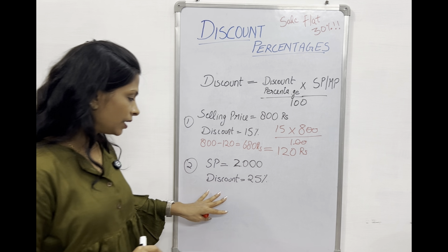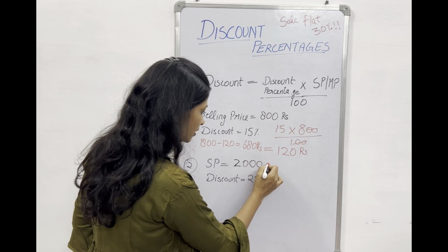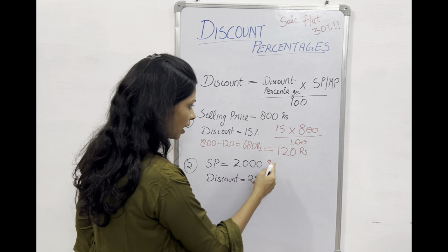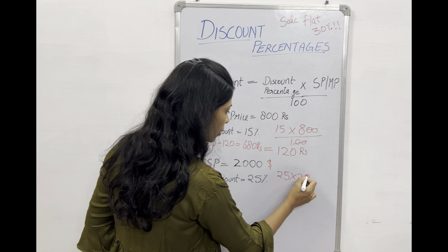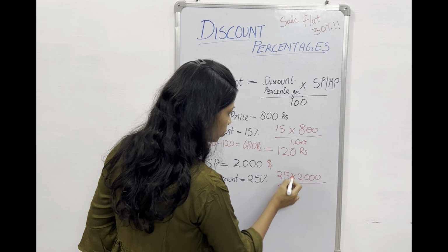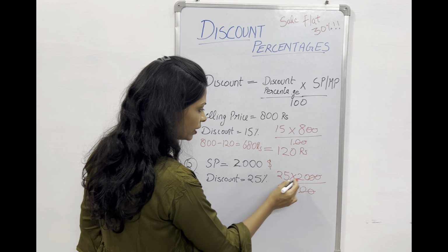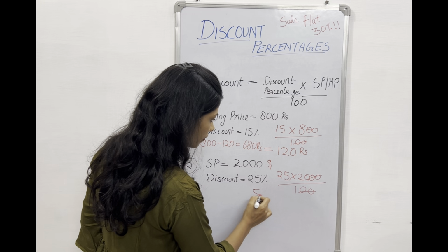Now, example number 2: the selling price of an item is 2000, let's say dollars, and the discount is 25%. So I'll put it again in the formula: 25 times the amount that was marked divided by 100. Zeros and zeros get cancelled. 25 times 20 is 500.